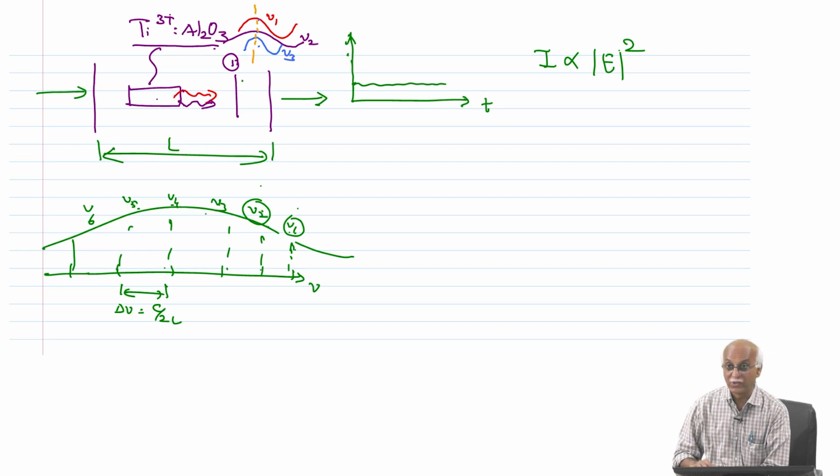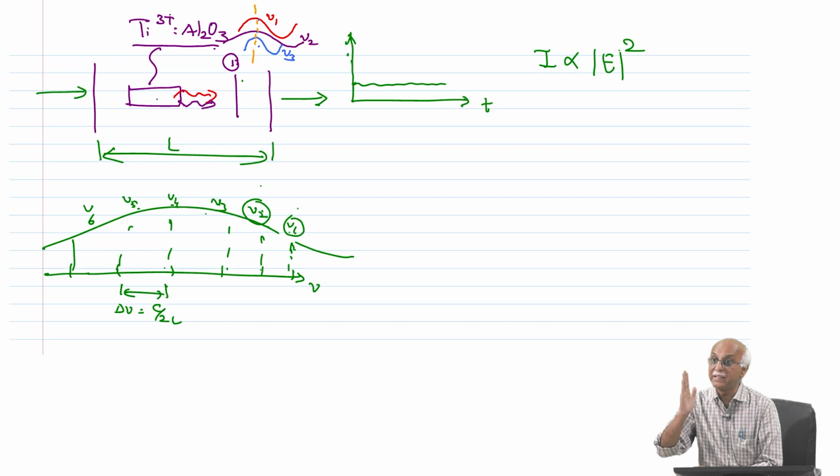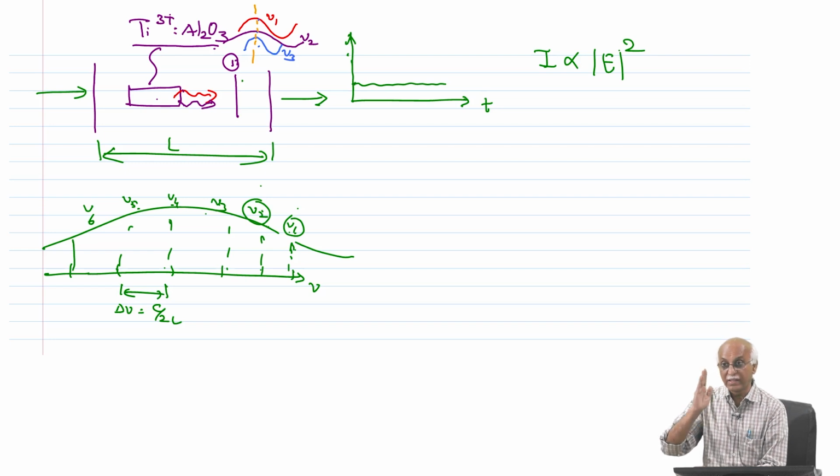But you know that saturable absorbers, which I told you, will be opaque for certain intensity. As soon as the intensity increases they become transparent, because of the two level energy systems getting saturated.